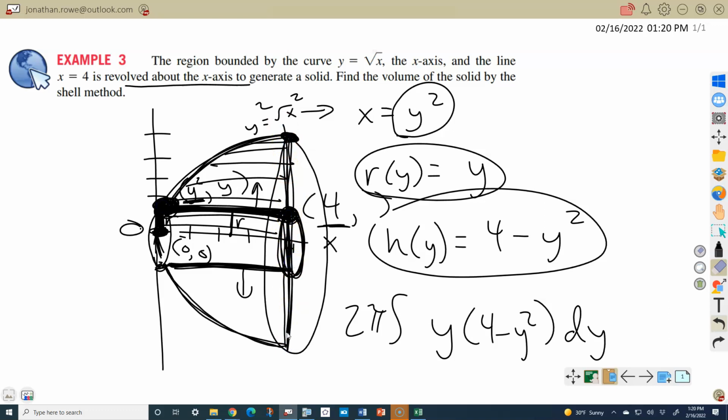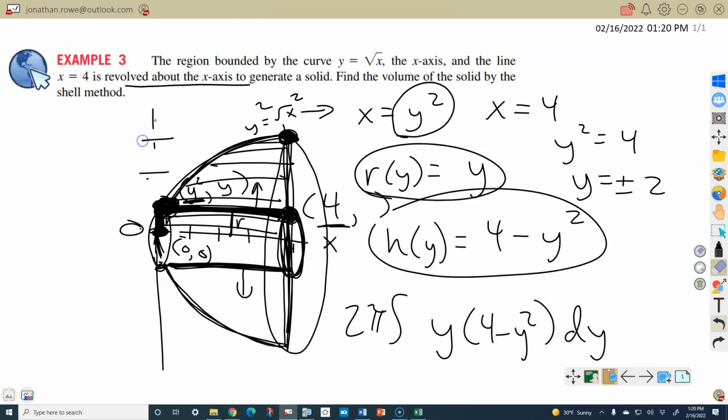So I need to set those equal to each other and solve for y. So it's where this is x equals y squared, and this other thing is x equals 4. So if I set y squared equal to 4, y will equal plus or minus 2. So it would just go to 2 on the y-axis from 0 to 2.